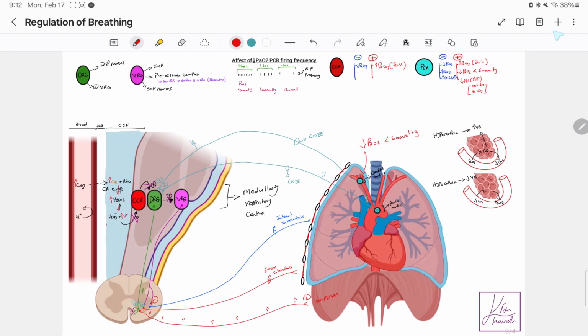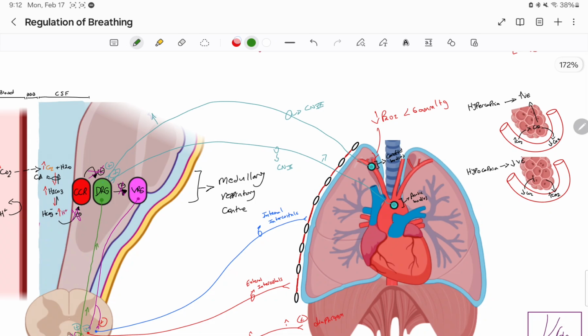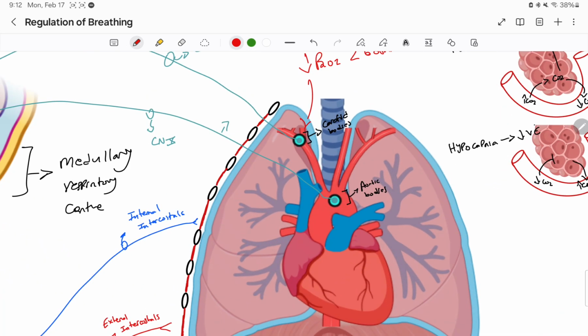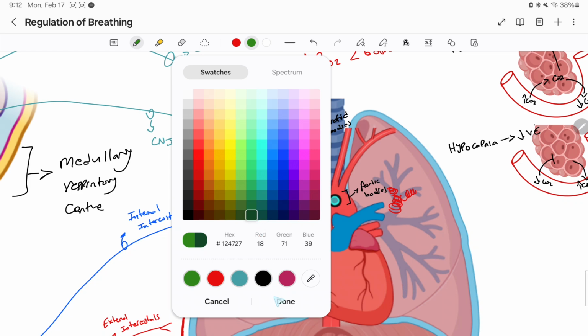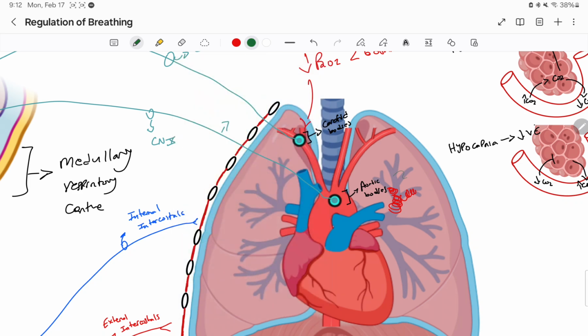Cool. Now, one last thing that I want to mention is that in certain areas of the lung, such as some of the bronchial smooth muscle, so here's some bronchial smooth muscle, you will find very specific receptors called pulmonary receptors.